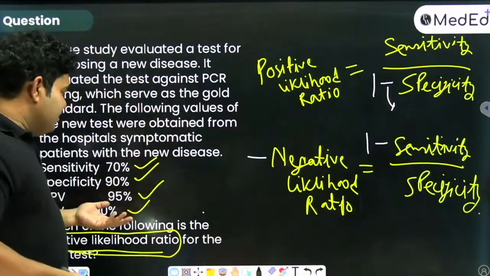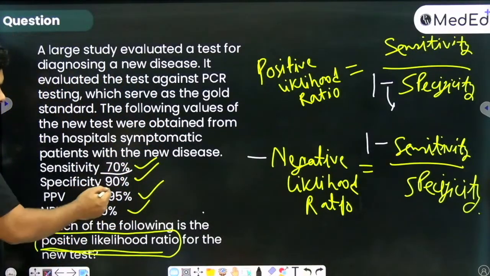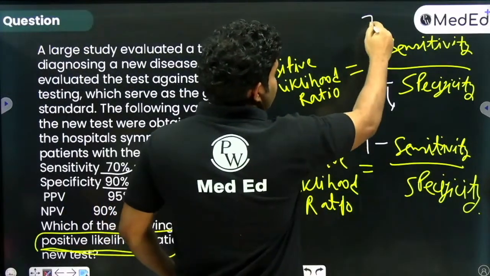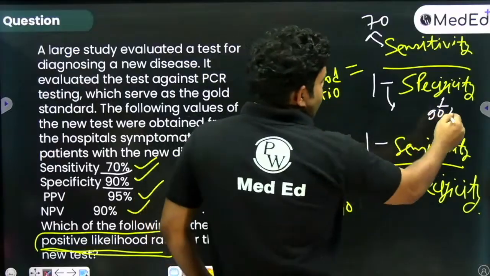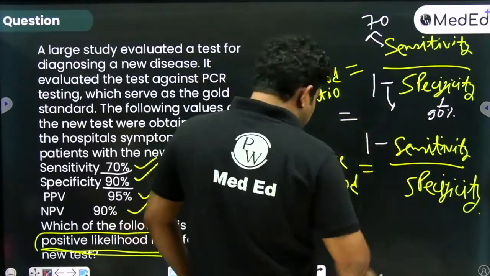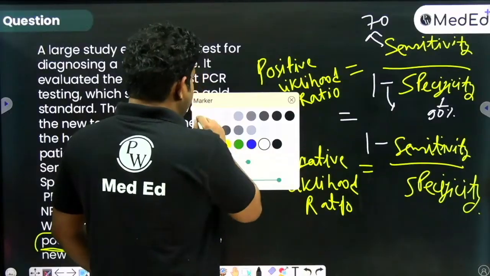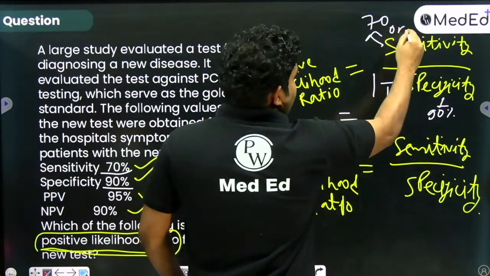And now simply just put the values. What is the sensitivity here? 70%. What is the specificity? 90%. So if you put sensitivity 70%, specificity 90%, what will come out? Numerator is 0.7. 70% can be written as 0.7.